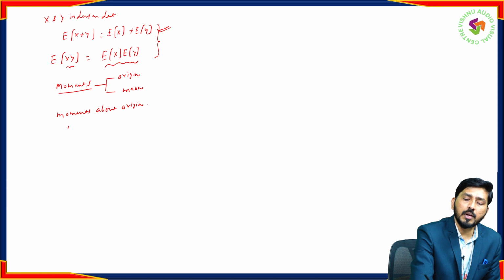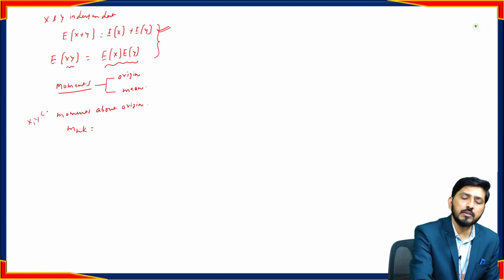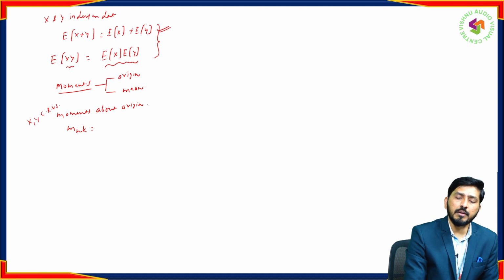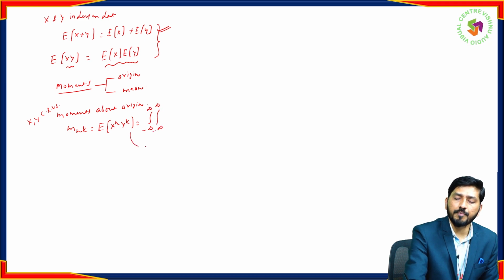The generalized formula: m_nk, considering X and Y are continuous random variables, can be written as expectation of X^n Y^k, which is equal to integral from minus infinity to infinity, integral from minus infinity to infinity, X^n Y^k times the joint density function f_XY(x,y) dx dy.